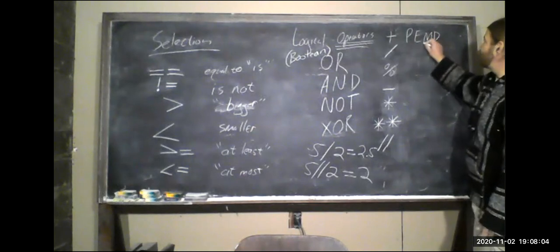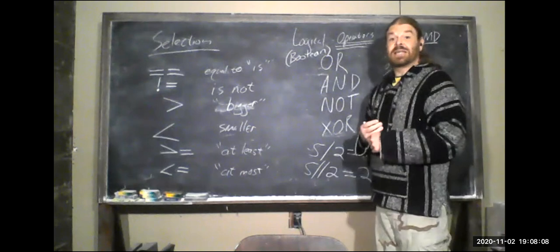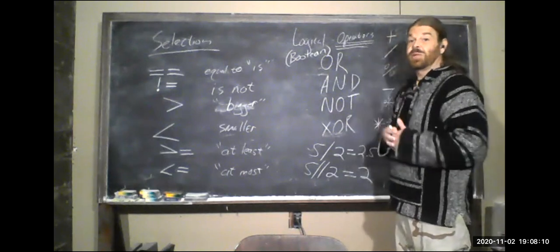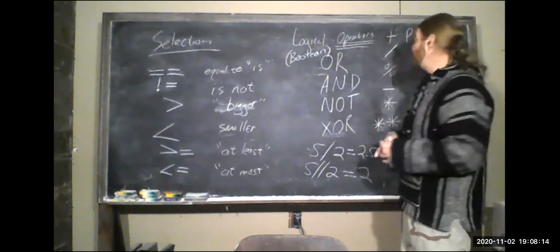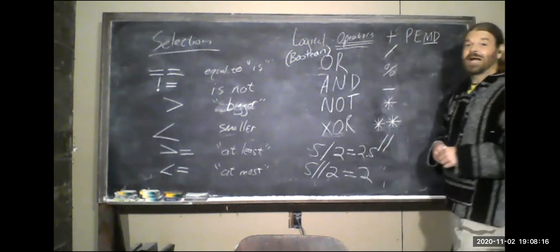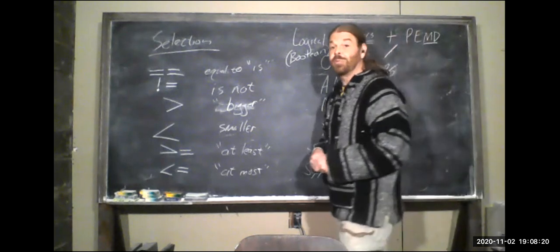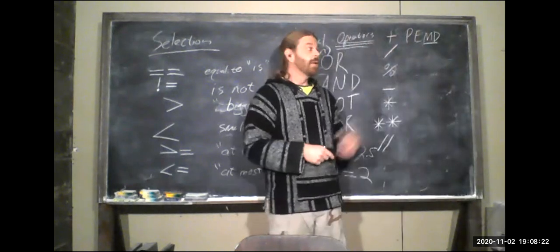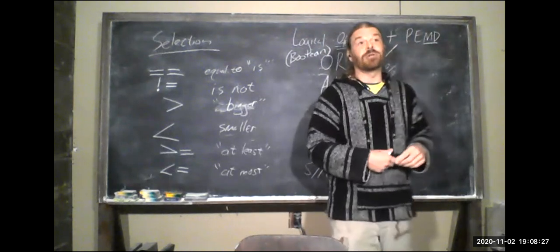Then we multiply and divide, and we treat those at the same level, because multiplication and division are actually the same thing. If you remember way back in elementary school learning about fractions, in order to divide fractions, we learned to multiply by the reciprocal, and that always applies. Division means multiply by the reciprocal.